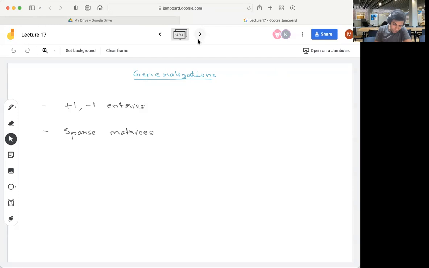And instead of plus or minus one, you can in general work with what are called sub-Gaussian random variables. In some sense, the expectation that we computed, e to the lambda x squared, is really one of the definitions of how Gaussian-like a random variable is.